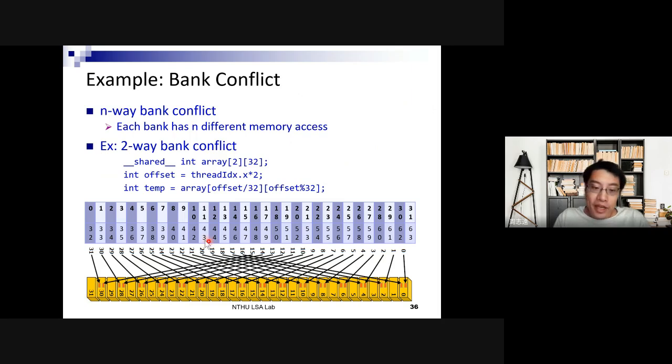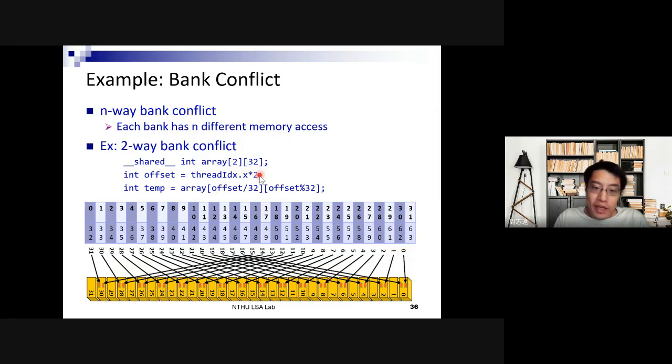If you just trace the code, you can find out how the threads will access each of the banks. And because these are arrays, you can see it's a 2 by 32 array. So you have 64 elements.